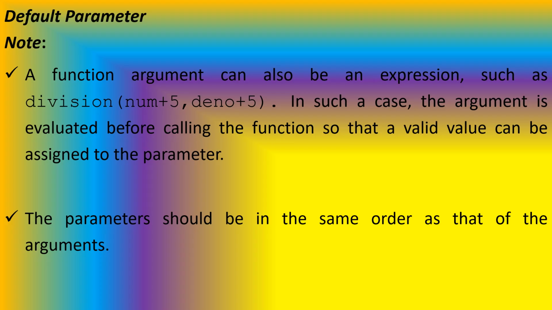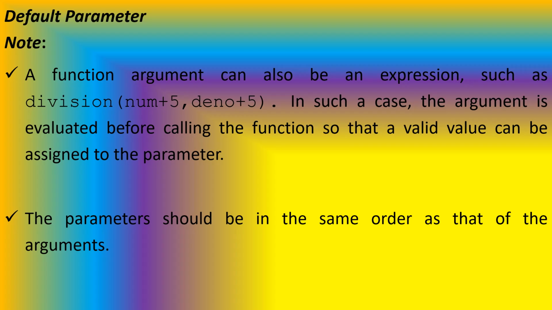In this case, num plus 5, that means 2 plus 5, will be 7. Deno plus 5, so we have considered deno as 3, so 3 plus 5 will be 8. So at the time of calling the function division, it will be passing the values 7 comma 8.